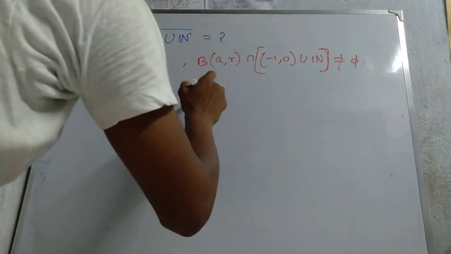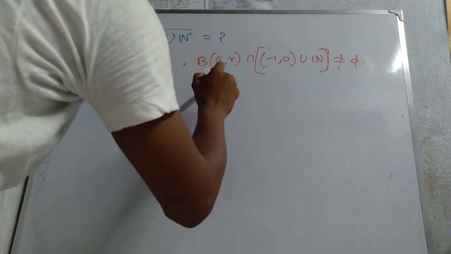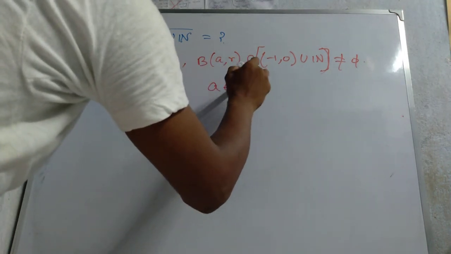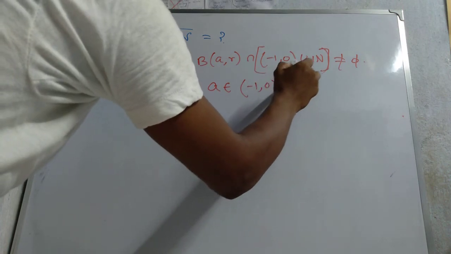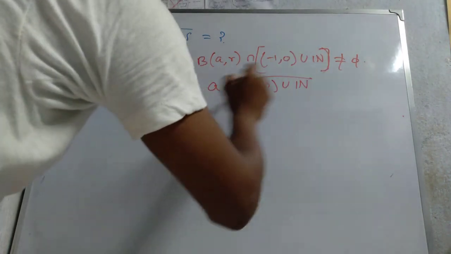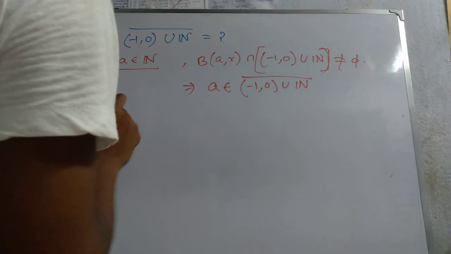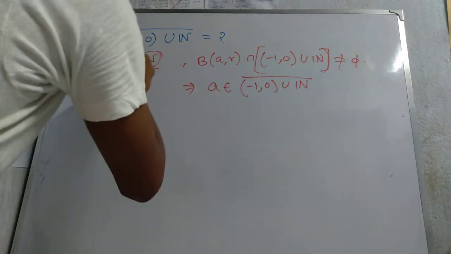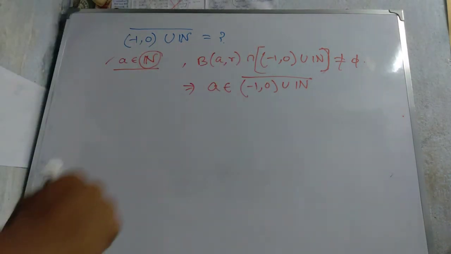Obviously this one is possible. That means this a belongs to the closure, or is a limit point. That means all of N, since a is arbitrary, so all of N is done.